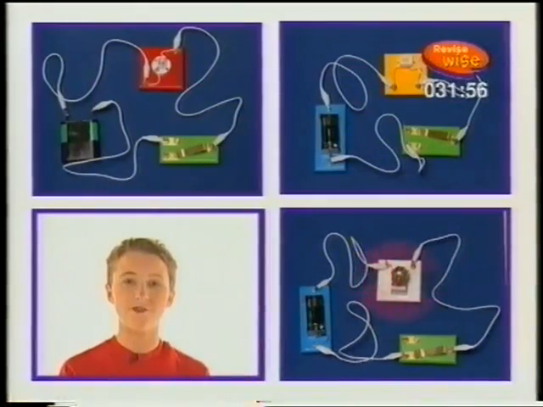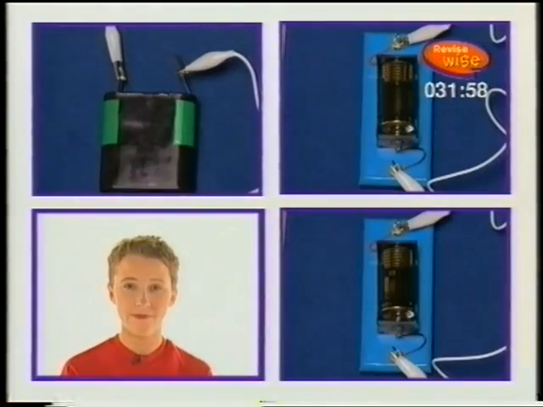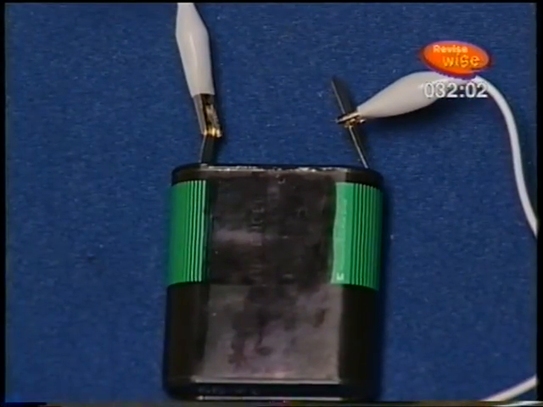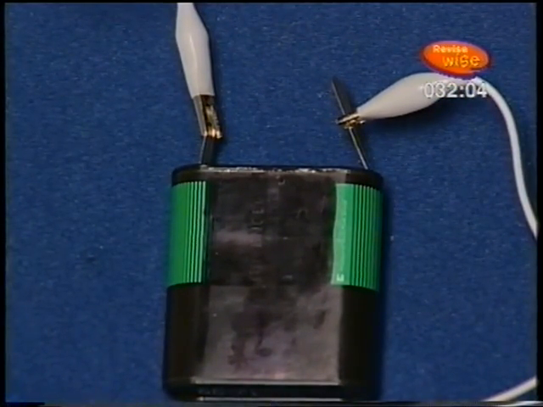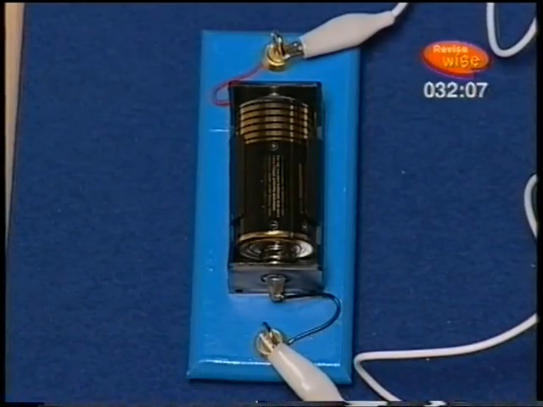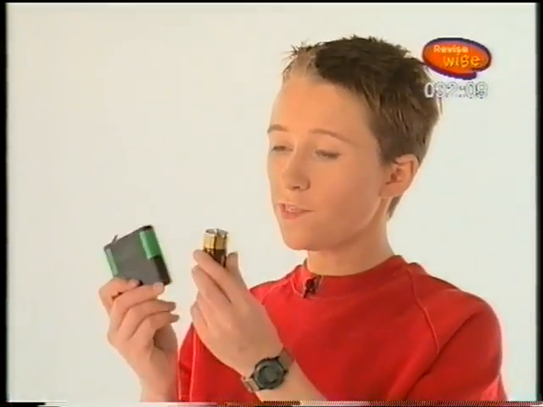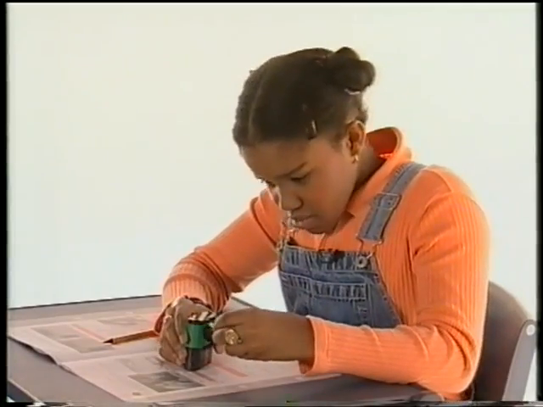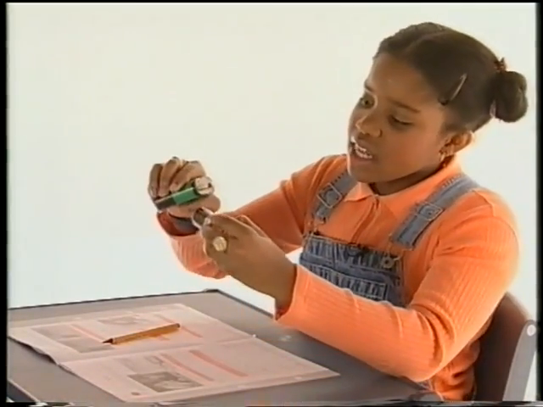Now, let's look at the batteries again. Do they look the same? No, they're not the same. One of them has 2 metal bits sticking from the top of it, and the other one hasn't. That's right. I've got 2 of the same kind of batteries for you to have a closer look at here. Now, do you notice anything else? Well, they both have plus and minus signs written on them.